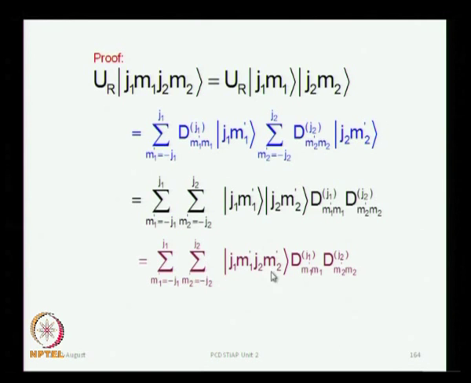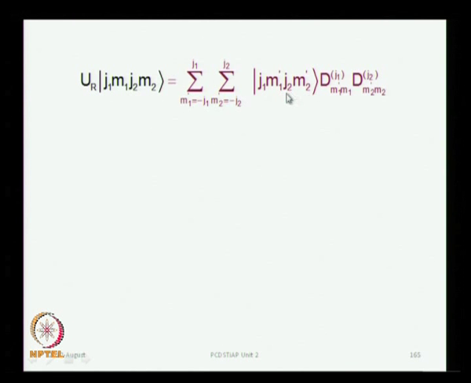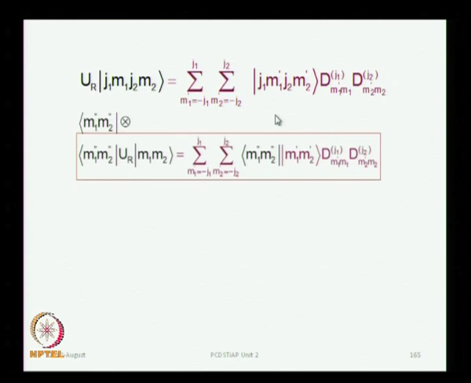So you have to compose this superposition over a double summation over M1 prime and M2 prime. We get this result, and we will bring this up to the top of the next slide, which is here. And now what you do is take its projection on another direct product state, but this time we choose this to have different indices.